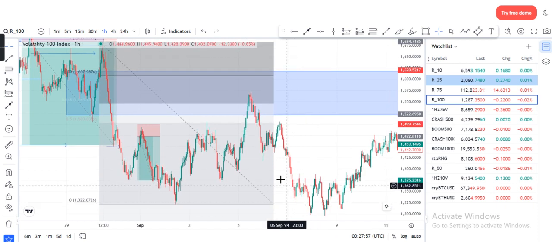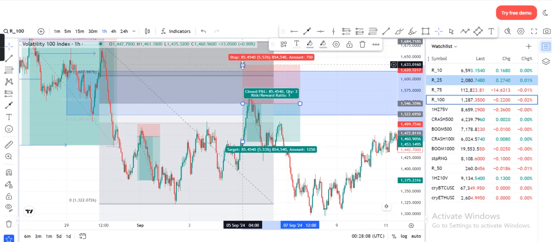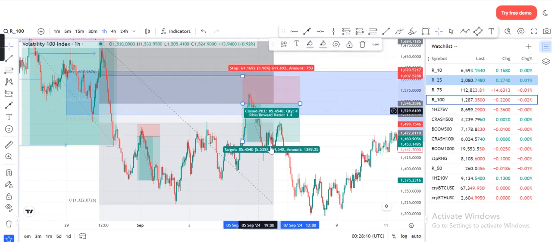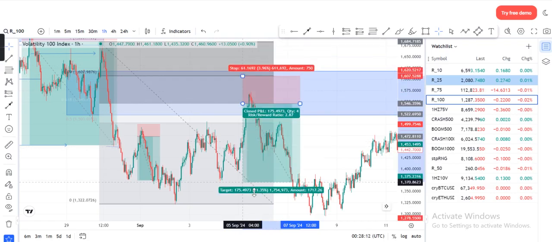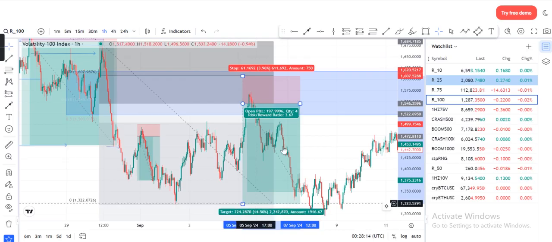And what can we see? We can see the market got into our 0.618 level, putting our stop loss here, and then putting our take profits here. We also got an entry, placed our stop loss, and placed our take profit here.